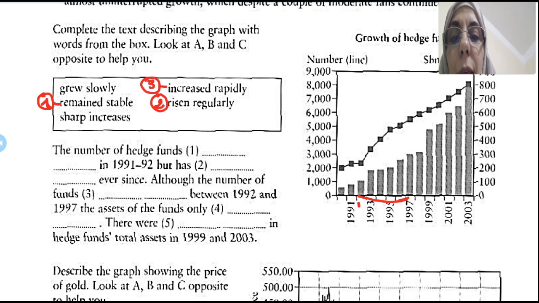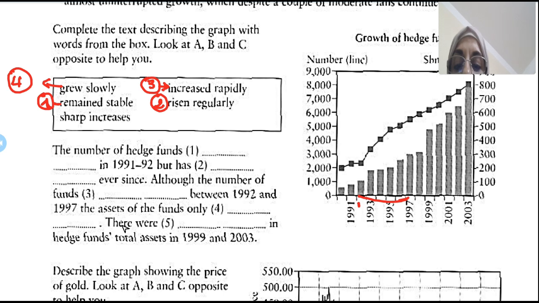Number 3, increased rapidly, yes, between these years. The assets of the funds only, number 4, only grew slowly. There is a growth, slow growth. So it is number 4.